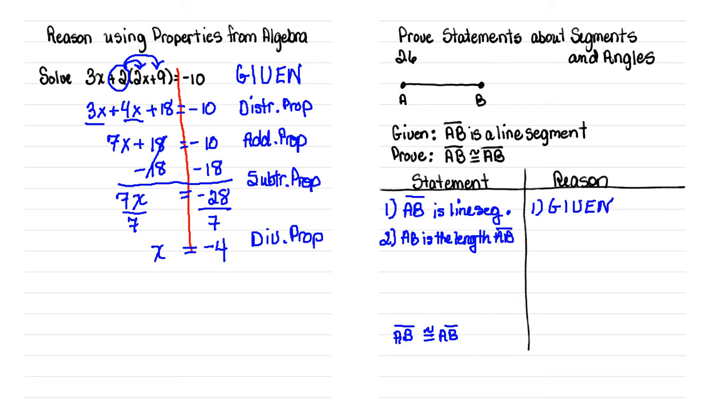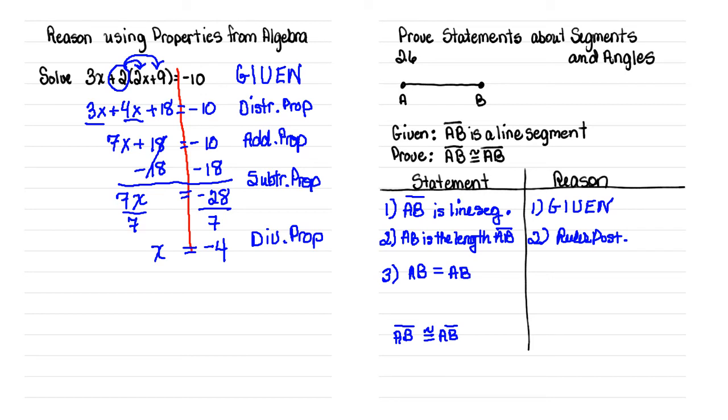Well, everything has measure, does it not? So it's actually the ruler postulate. Our first postulate, the ruler postulate. All right, well, because AB has measure, we know that that measure equals that measure.